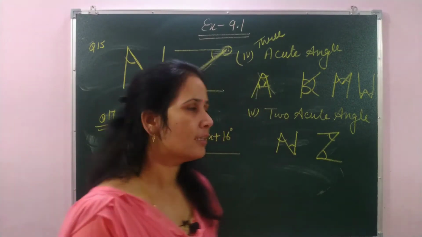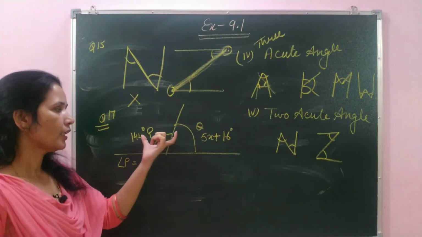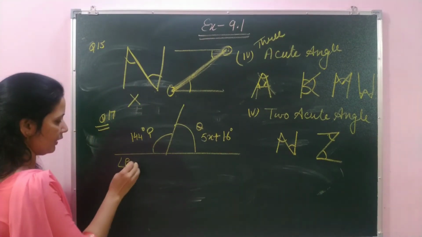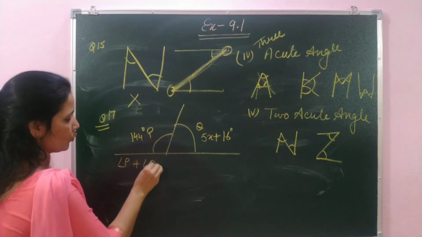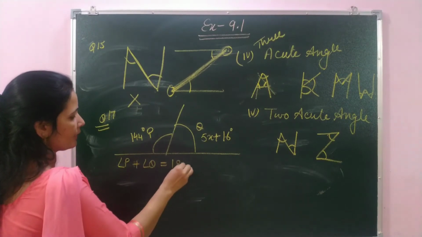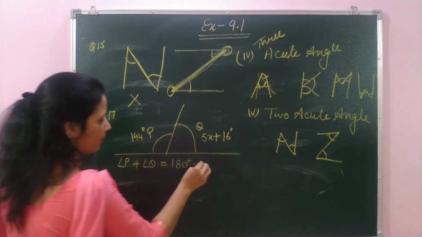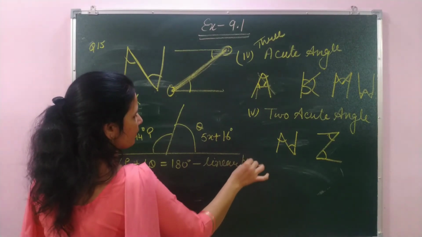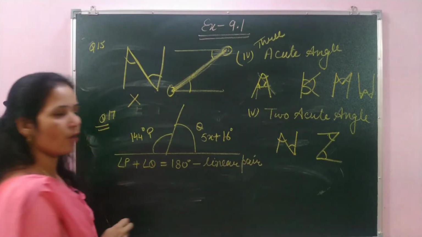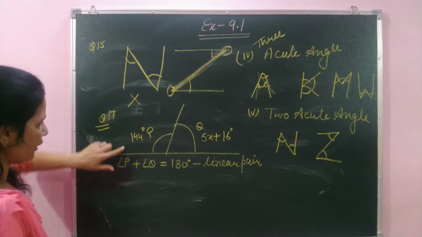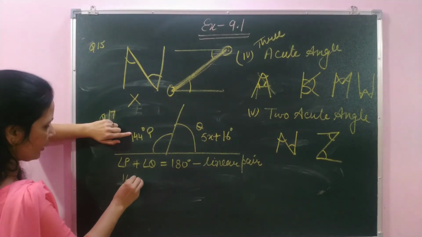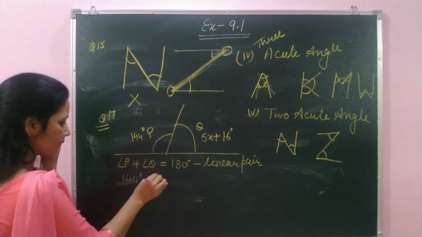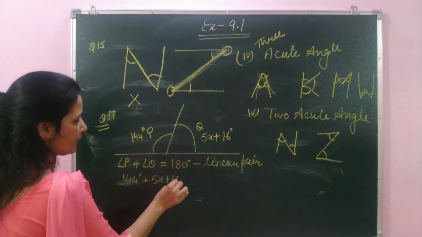So students, they have given that P and Q are a linear pair. We know very well angle P plus angle Q equals 180 degrees. The reason is linear pair, because both angles are given in the form of a linear pair. P value is 144 degrees and Q value is 5x plus 16 degrees.